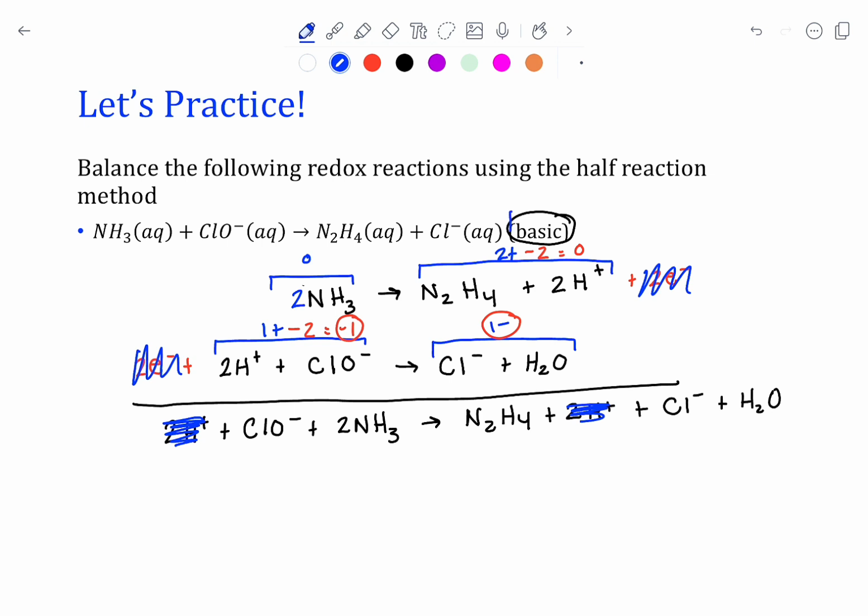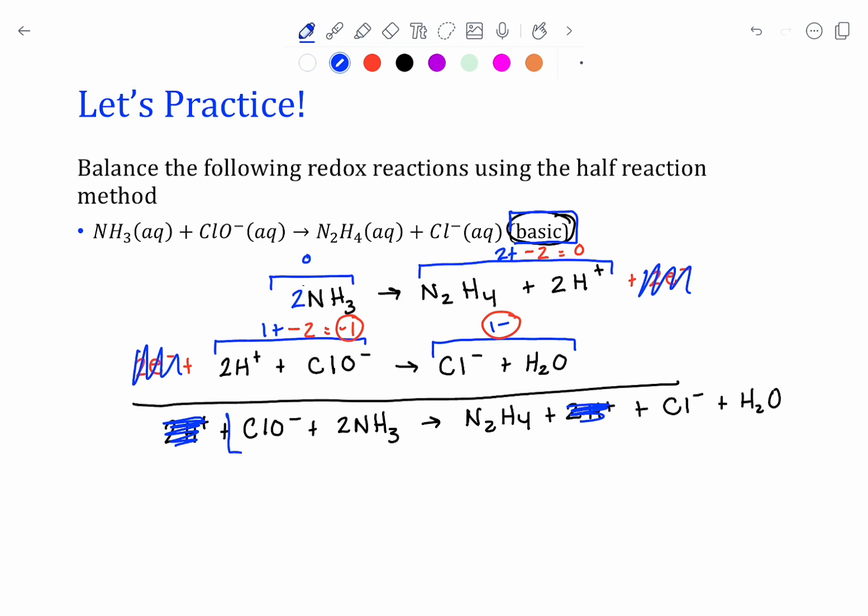Now we have to worry about the fact that this is a basic solution. If it's basic, then for every H plus that's still present in the reaction, we have to add an OH minus to both sides. Well, as we saw, we just canceled out both of those hydrogens. They're both gone on both sides, so there are no H pluses on either side.